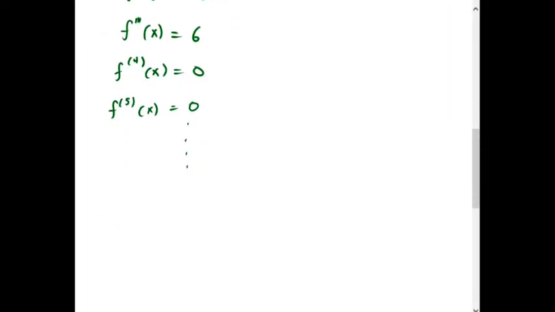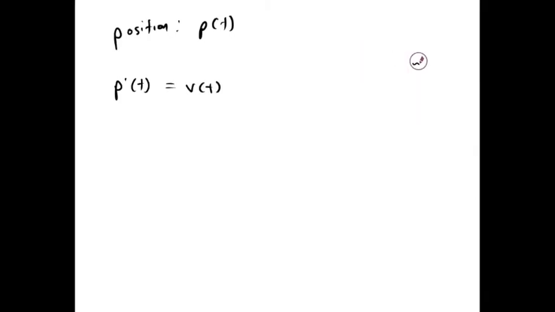And the other really important thing about higher order derivatives is their physical meaning. If we have a position function of an object moving, the first derivative, p prime, equals the velocity, so the speed and direction.